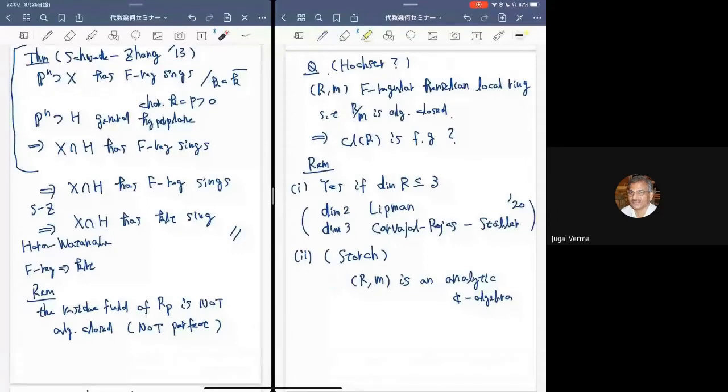Let R be an analytic C-algebra. If R is a rational singularity, then the divisor class group is finitely generated. But his proof uses the exponential sequence, which we cannot use in positive characteristic.